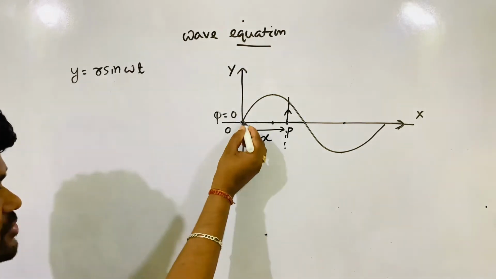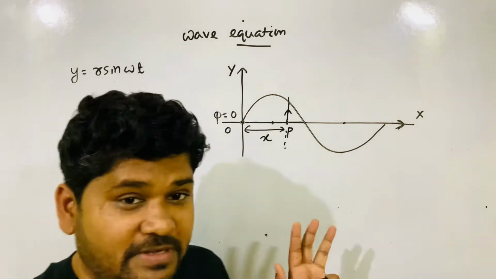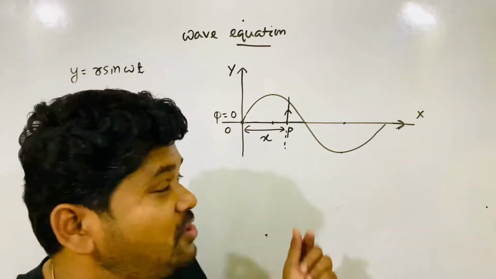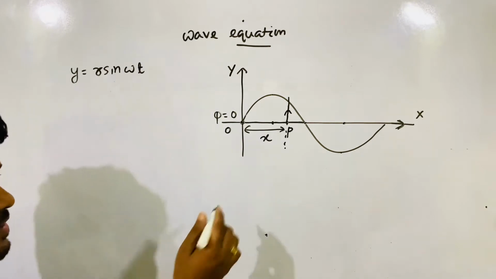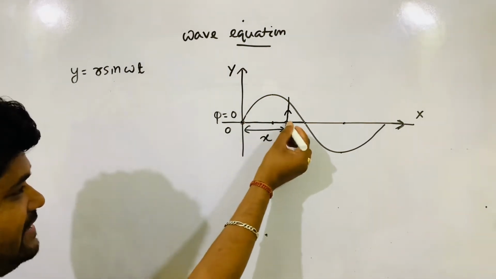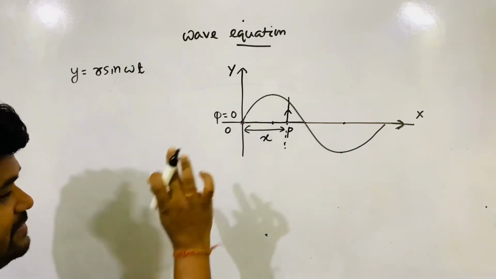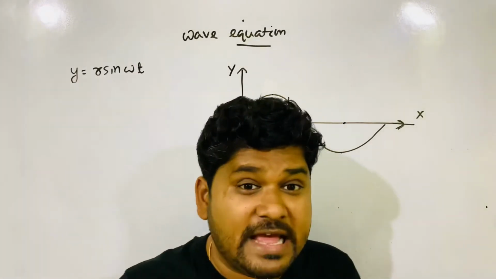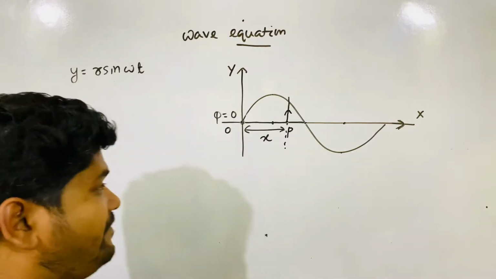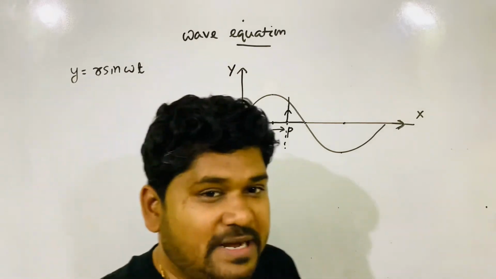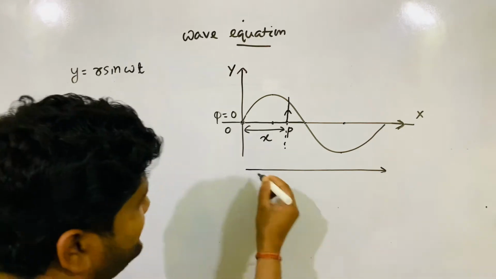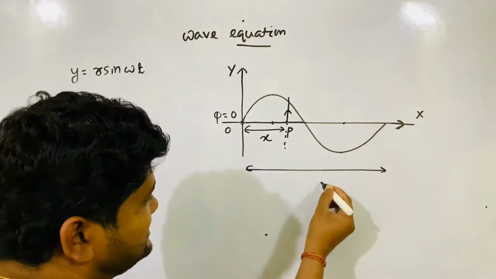Because this is zero phase. I have considered it zero phase for simplification. Now we have to see how much P lags. How can you find how much it lags? The path difference, or distance gap, between O and P is x. But how much is the phase gap? How can you find it from this x? It's very simple. From this point to this point, what is the distance difference?